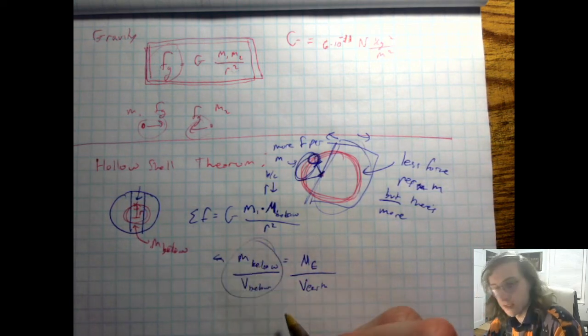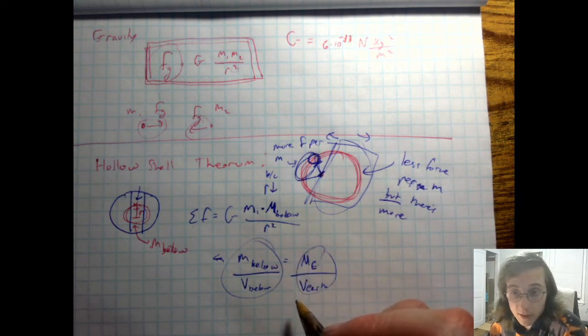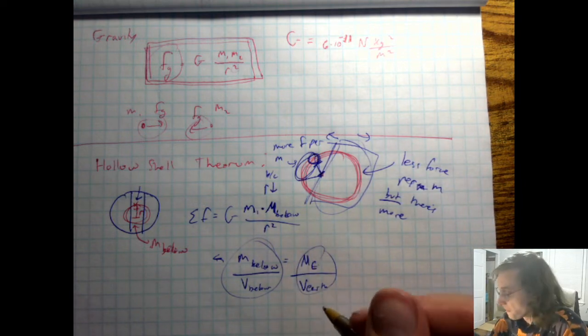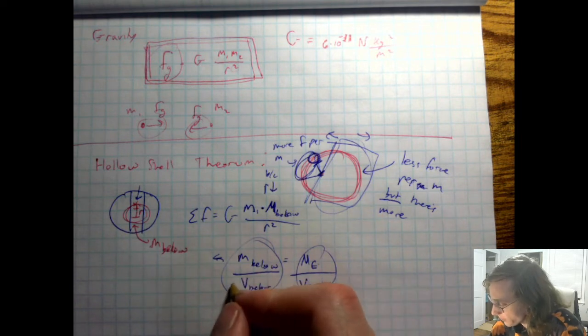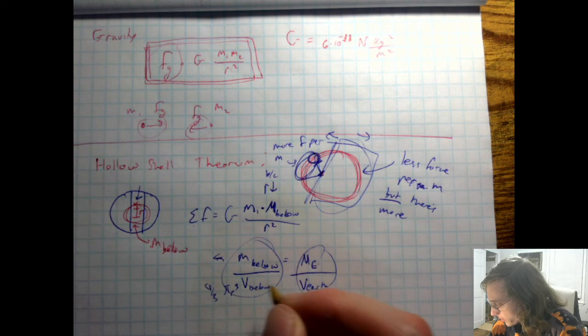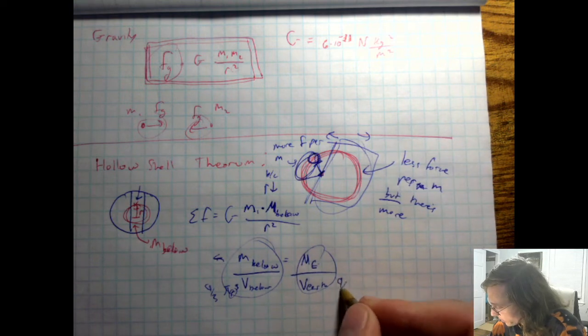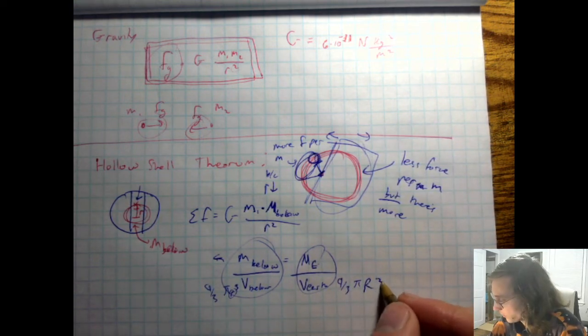Because our density for the remaining section needs to equal our density for the entire thing. If we plug in for the volume of a sphere, we'll have 4/3 pi r cubed, where lowercase r is where we are now, which will give us the volume that's below us, and uppercase R is the radius of the actual Earth.